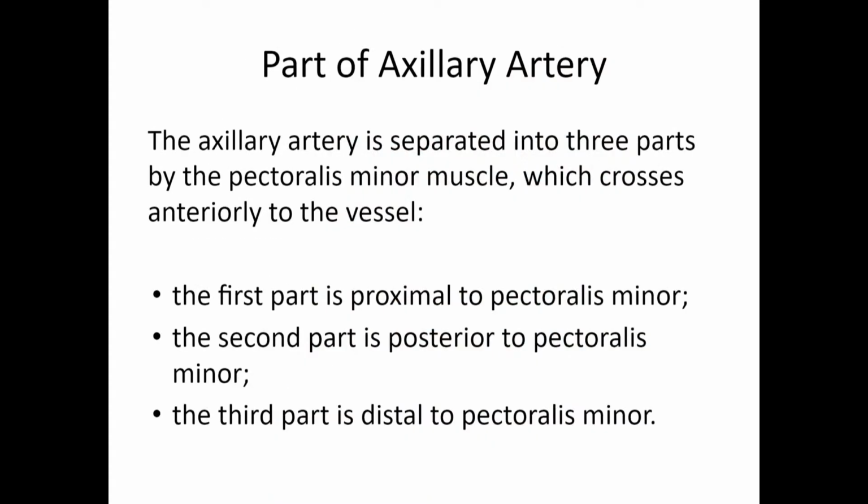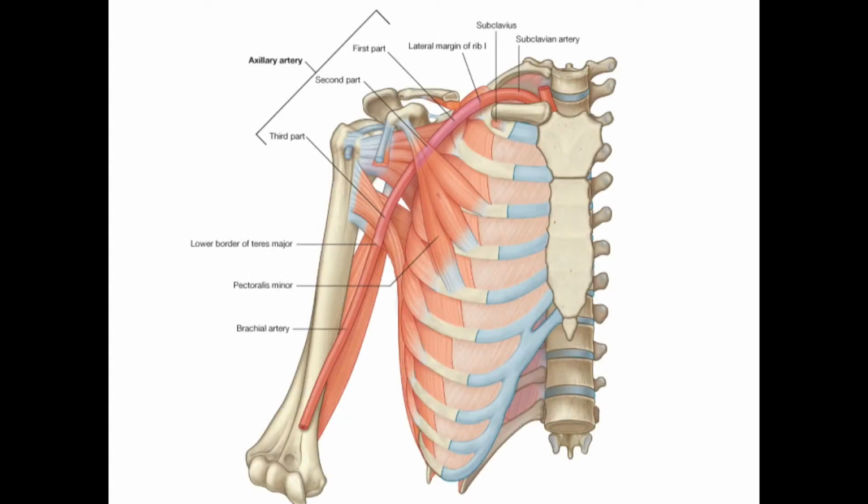So as I mentioned, the axillary artery is divided by the pectoralis minor muscle, which crosses anteriorly to the vessel, and this gives us 3 parts. And that's why this is the muscle, and as you know, it crosses above what I mentioned, and it gives us 3 parts, right?